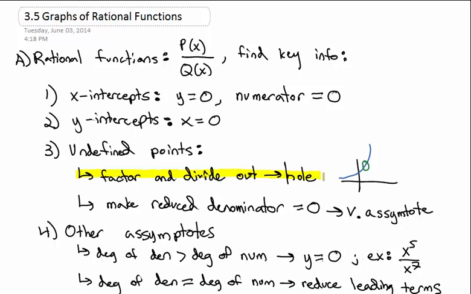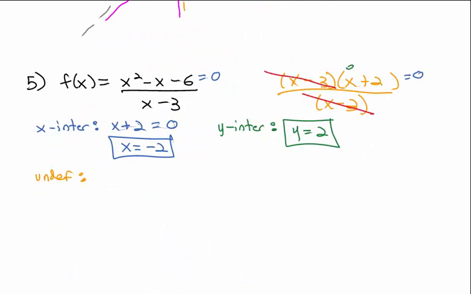If we can divide out something, we get a hole in the graph. So that x minus 3 that divided out, solving that gives us x equals 3. That isn't a vertical asymptote, that is a hole in the graph. We'll talk about what that looks like in a minute.